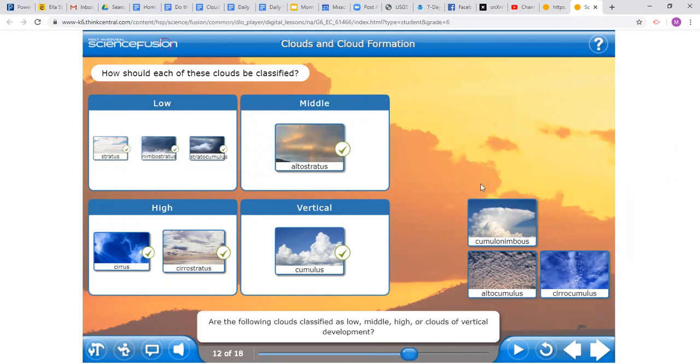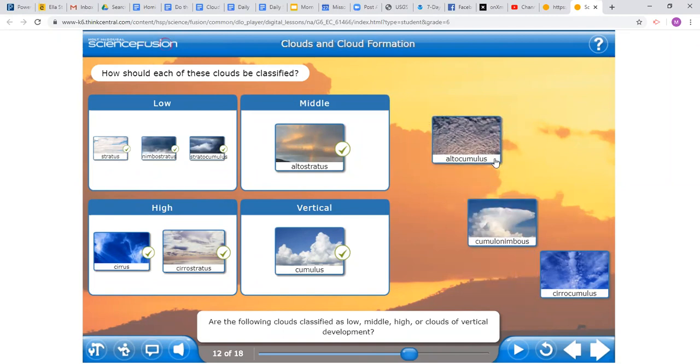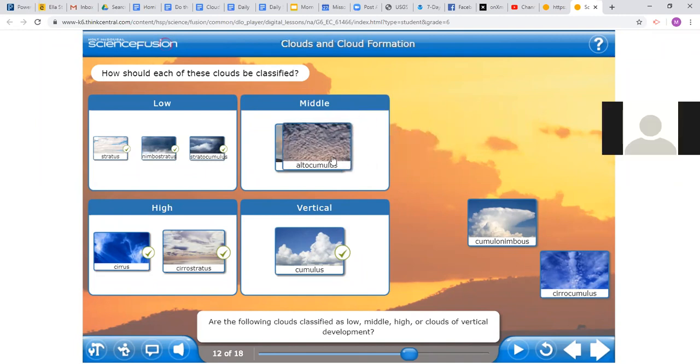So a stratocumulus cloud would be layered and heaping. How about an altocumulus? What does the prefix alto mean? It would go in the middle. Yep.